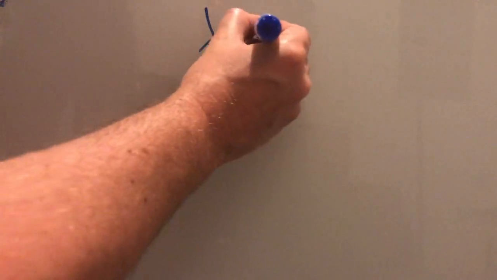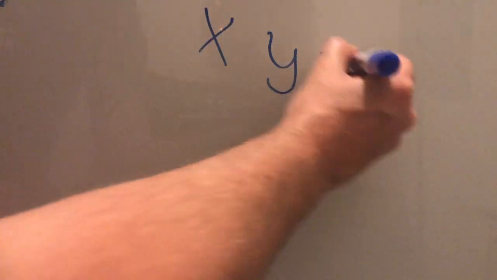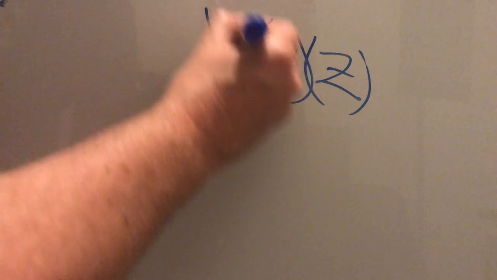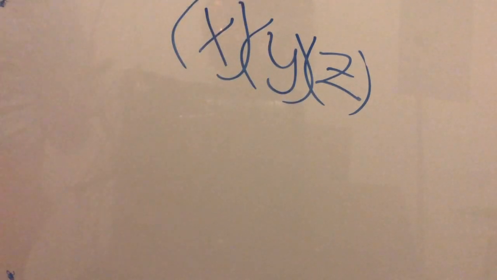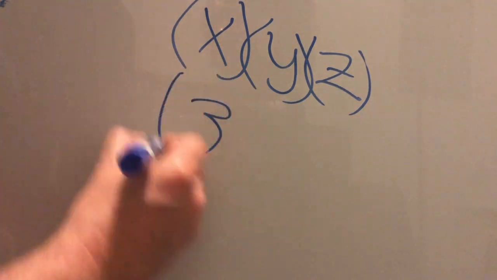Let's take a look at another example. Example 2: we have 3 choices of pants, 3 choices of shirts, and 2 choices of socks. Because we're doing the fundamental principle of counting, we're going to focus on our 1, 2, 3, our X, Y, Z. Our first choice is pants: 3 choices of pants.